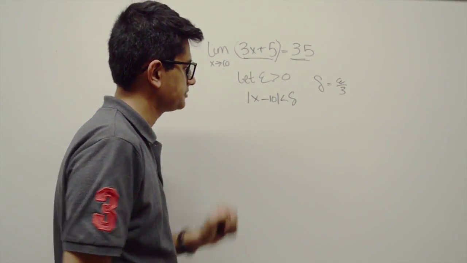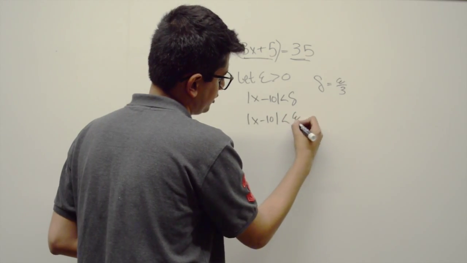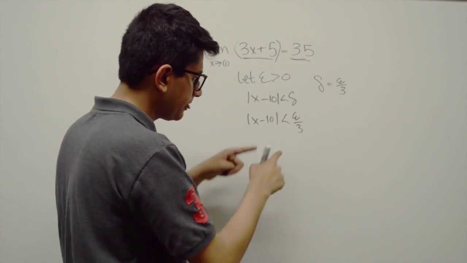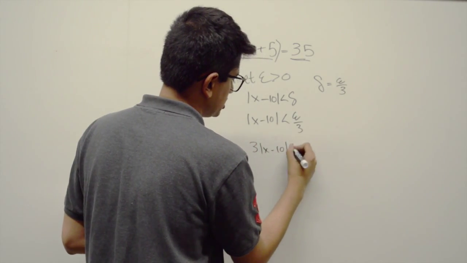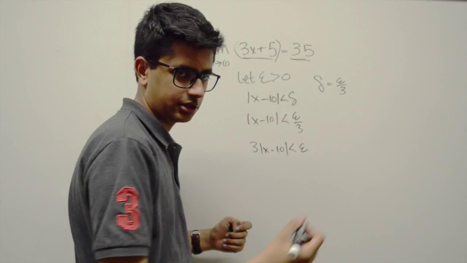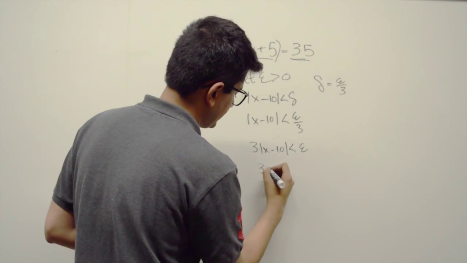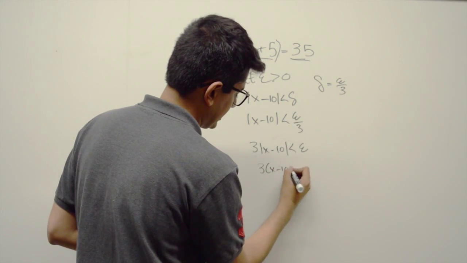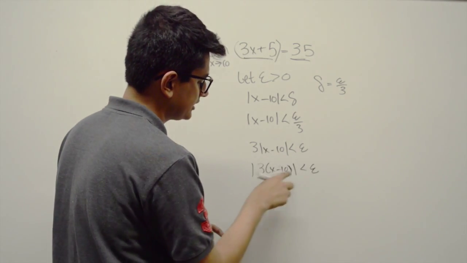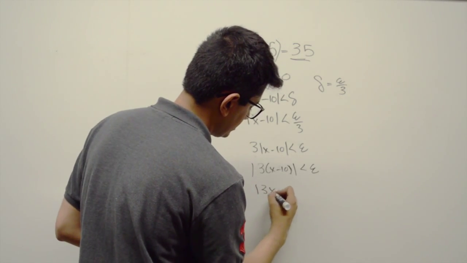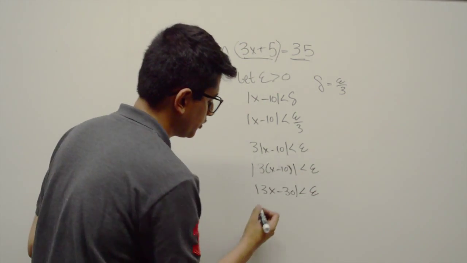Now, if we just do simple substitution, |x - 10| smaller than epsilon over 3. Okay, using cross multiplication, we get 3|x - 10| smaller than epsilon. Makes sense? Moving the 3 inside the absolute value, we get |3(x - 10)| smaller than epsilon. And distributing this out, we get |3x - 30| smaller than epsilon, and I'm sure you can see where I'm going with this.